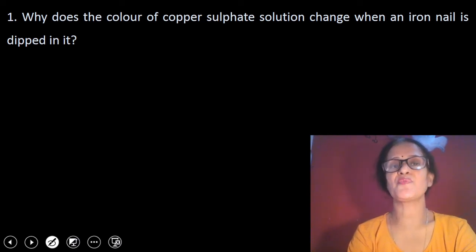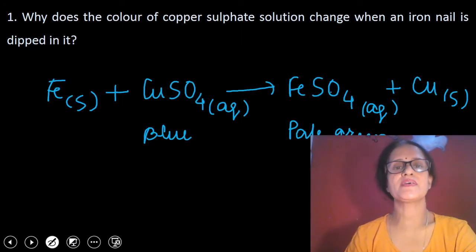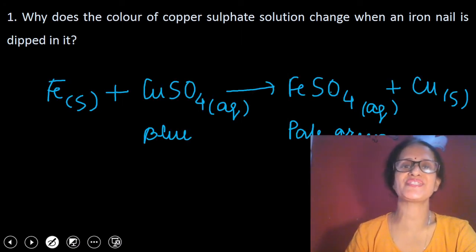As a result of which the blue colored copper sulfate solution changes into pale green color and with the deposition of reddish brown color on the surface of iron nail. The change which is taking place I am going to write here with the help of a chemical reaction. I hope this explanation is clear to you.